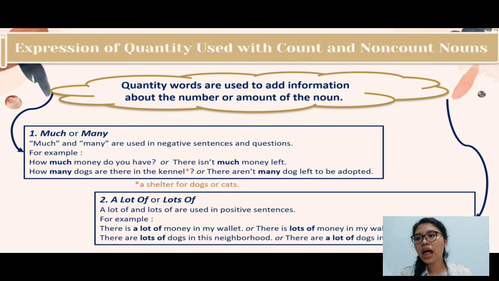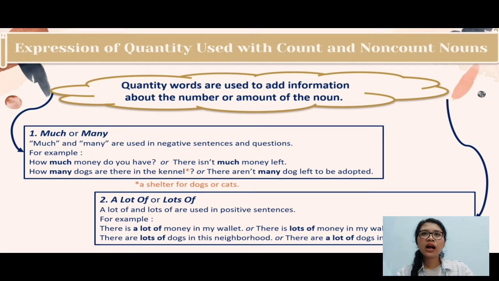For example, there is a lot of money in my wallet, or there is lots of money in my wallet. And then there are lots of dogs in this neighborhood, or there are a lot of dogs in this neighborhood. So quantity dari a lot of and lots of itu bisa digunakan di dalam countable nouns and uncountable nouns.